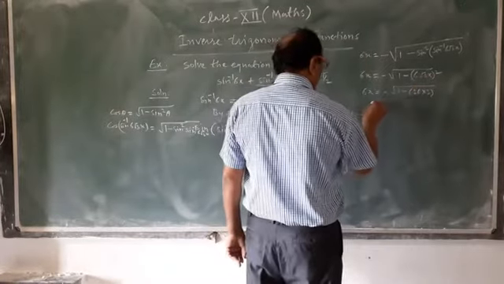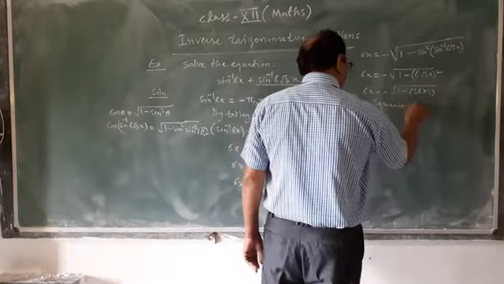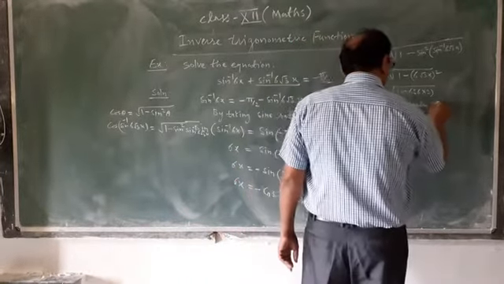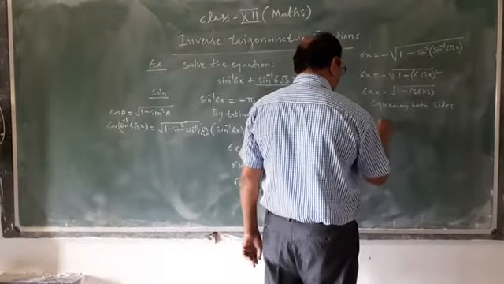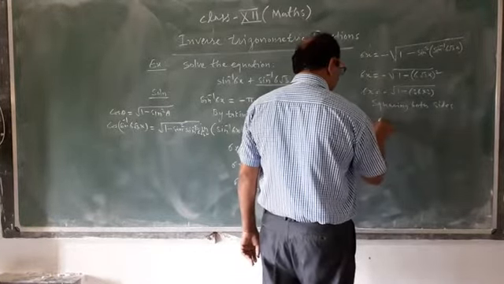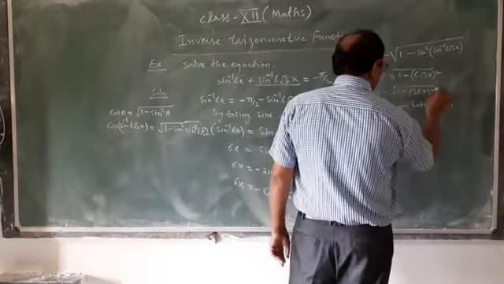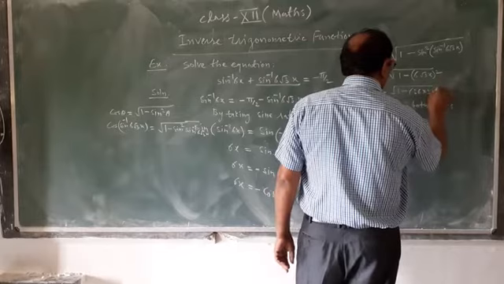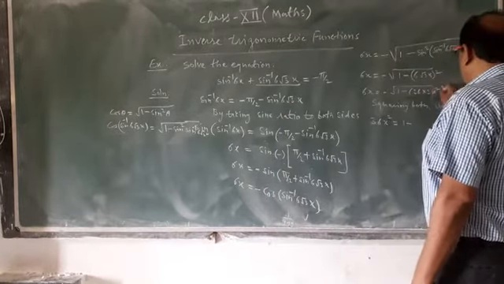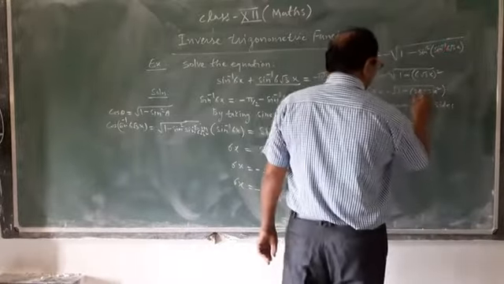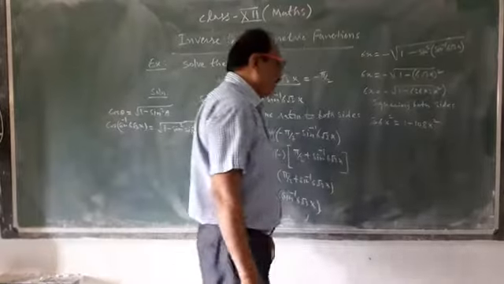Therefore, squaring both the sides, 6x square, that is 36x square is equal to 1 minus 36 into 3, 108 x square.